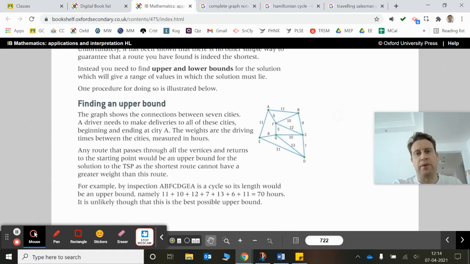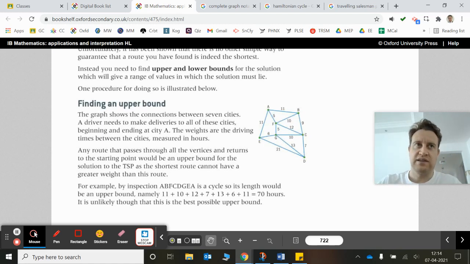So, finding an upper bound. When you imagine that you suddenly have bigger complete graphs, say a complete graph of 10 different locations, then you have many different routes to complete that.